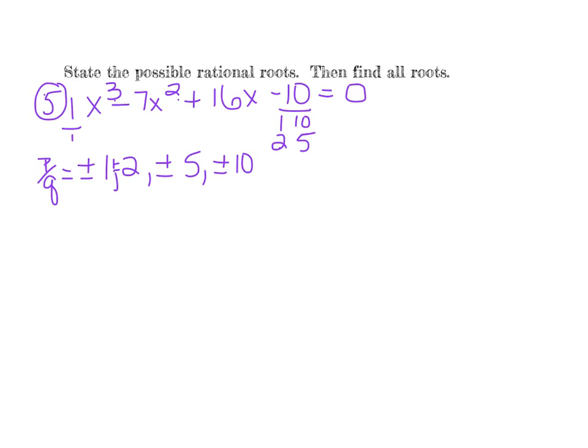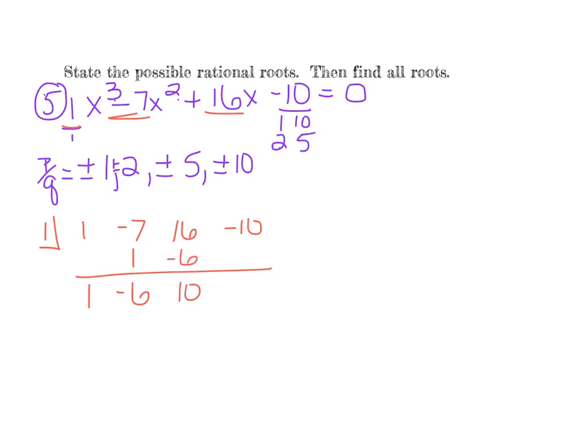Let's try 1. And my coefficients are 1, -7, 16, and -10. So 1, -7, 16, -10. 1 times 1 is 1. That would give me a -6. 1 times -6 is -6.